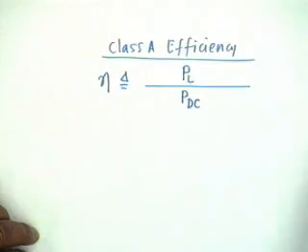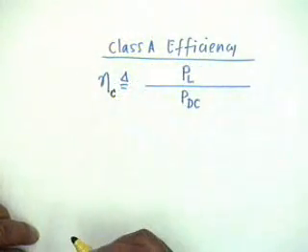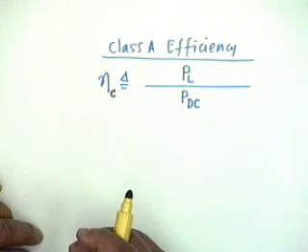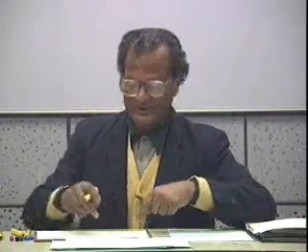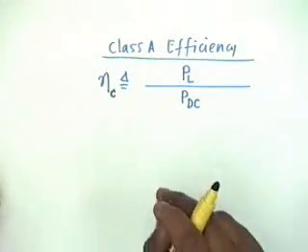If you want to emphasize that the power is being dissipated only at the collector, then one sometimes uses the symbol eta C and calls it collector efficiency, which means that the actual power efficiency of the amplifier would be less than the collector efficiency, because in collector efficiency you are only taking care of collector dissipation, you are not taking care of the other transistors, the current mirror transistors, for example. Okay. In any case, we shall ignore all other transistors.